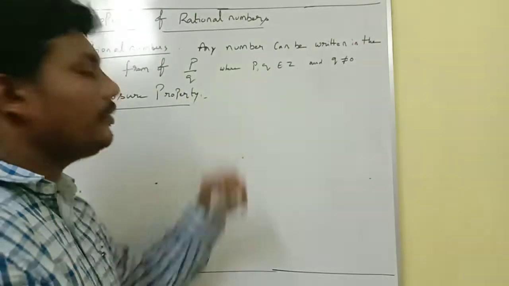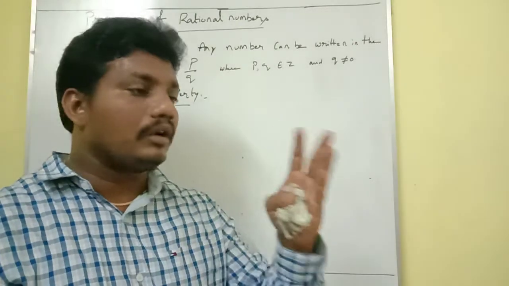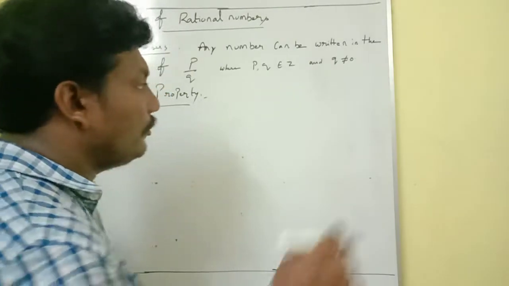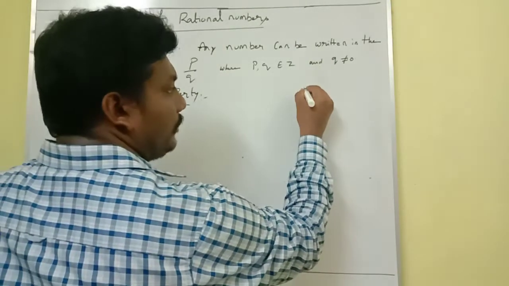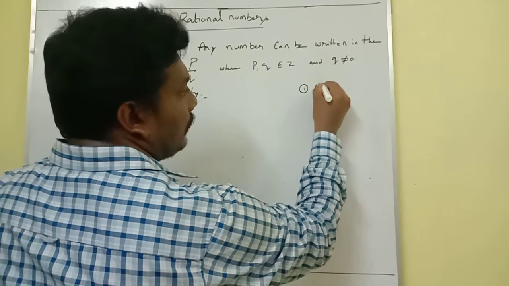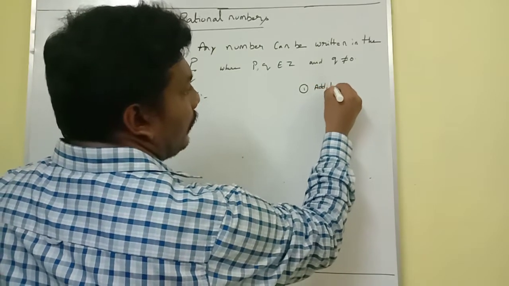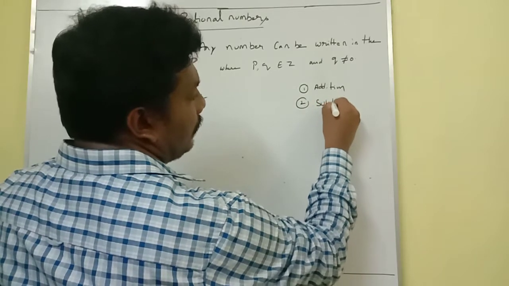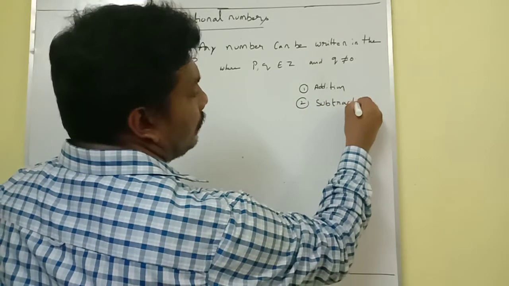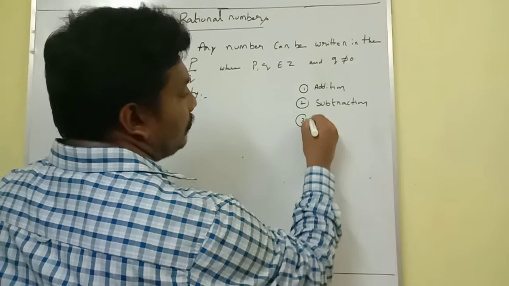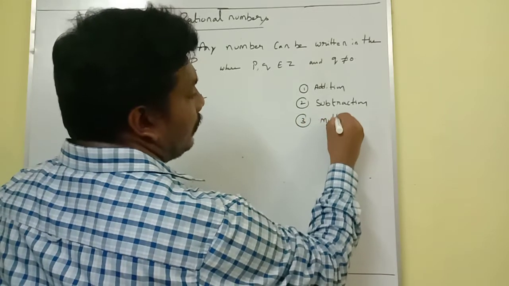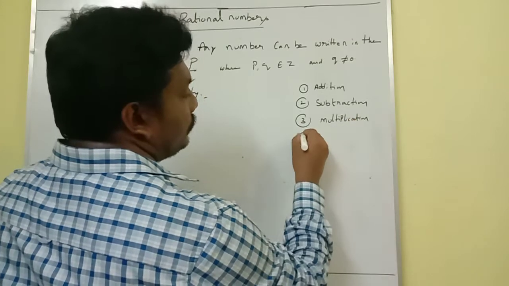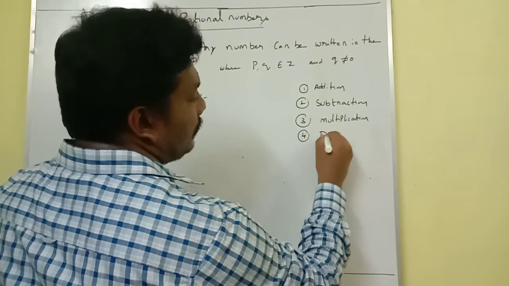For this closure property, we are going to verify four arithmetic operations. We have four arithmetic operations mainly. The first one is addition, the second is subtraction, the third is multiplication, and the fourth is division.